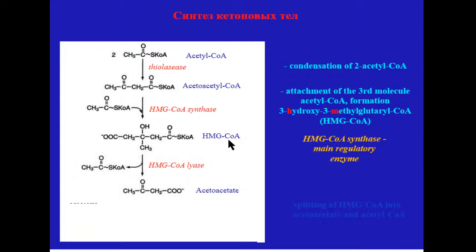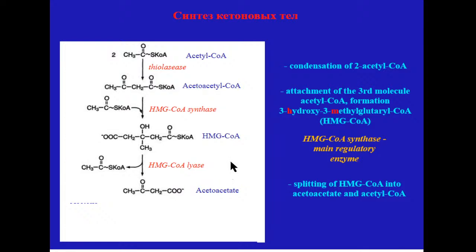Next step, action of HMG coenzyme A lyase. Pay attention that HMG-CoA synthase is the main regulatory enzyme here, and further, in the lyase stage, this process is not regulated, for example, by insulin. It doesn't depend on insulin.